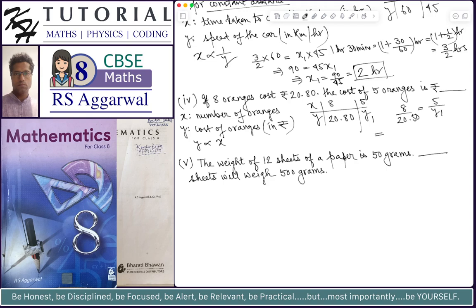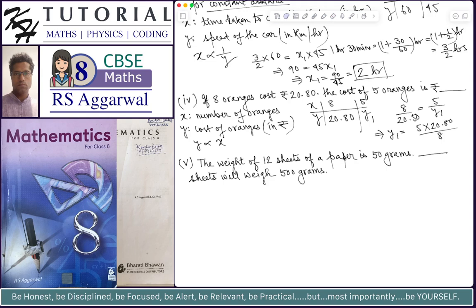So this implies y1 is equal to 5 multiplied by 20.80 divided by 8.